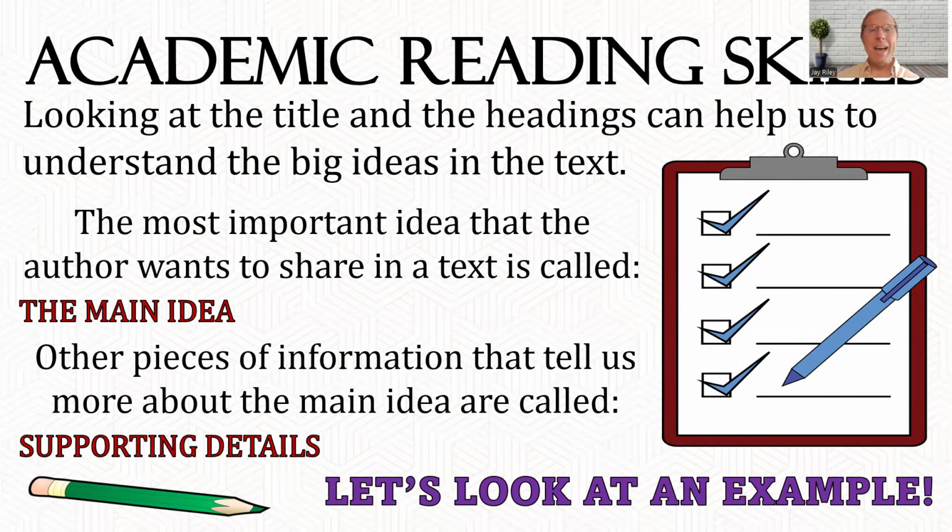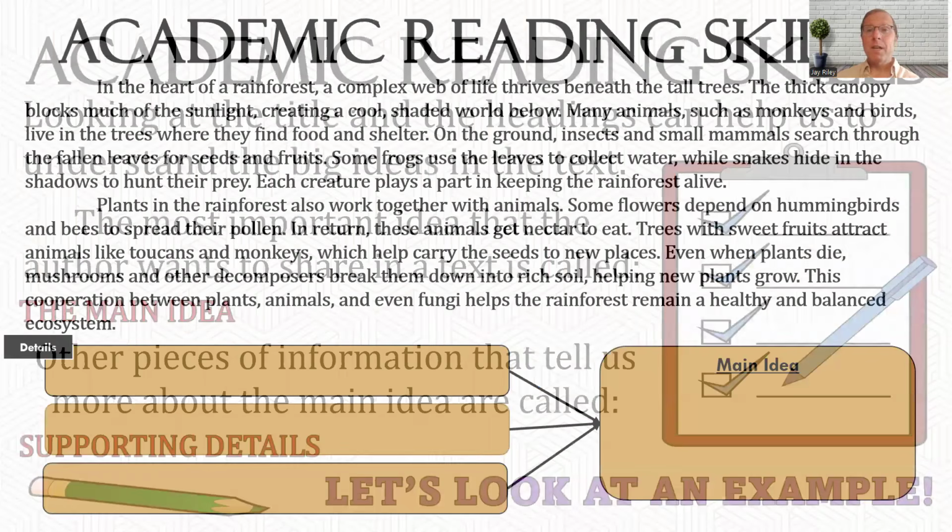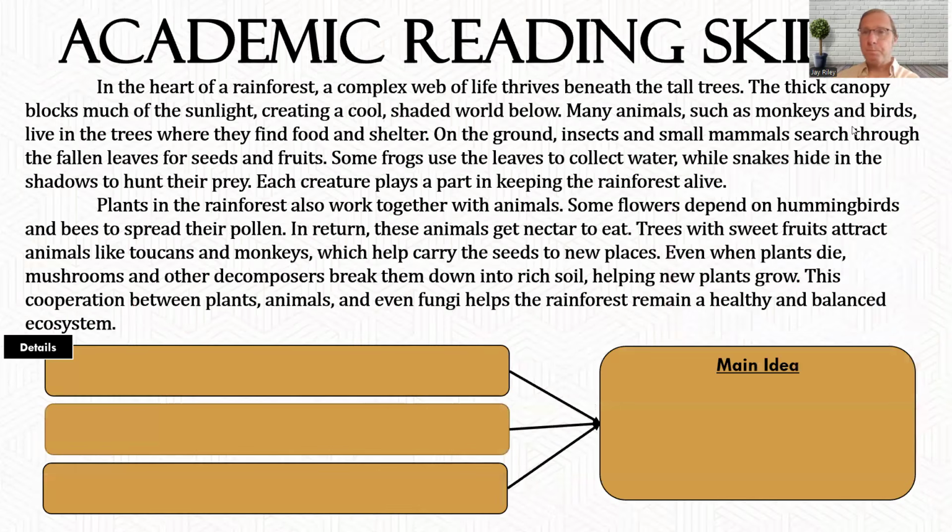Let's take a look at an example of a short academic text. It says, in the heart of a rainforest, a complex web of life thrives beneath the tall trees. The thick canopy blocks much of the sunlight, creating a cool, shaded world below. Many animals, such as monkeys and birds, live in the trees where they find food and shelter.